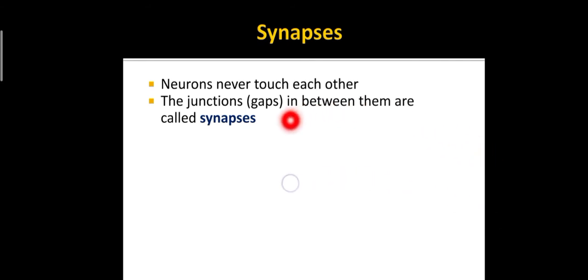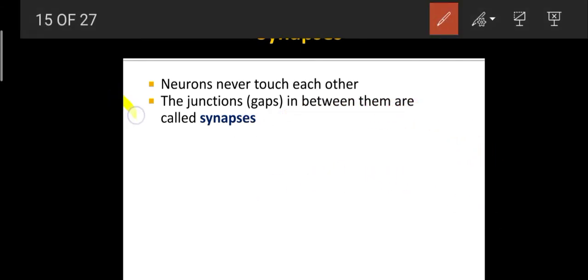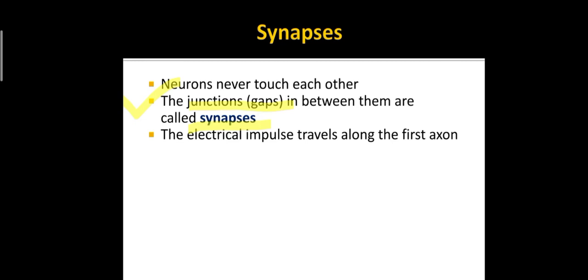What are synapses? As we know, neurons never touch each other. So the junctions or gaps in between them are called synapses. Electrical impulse travels along the first axon.